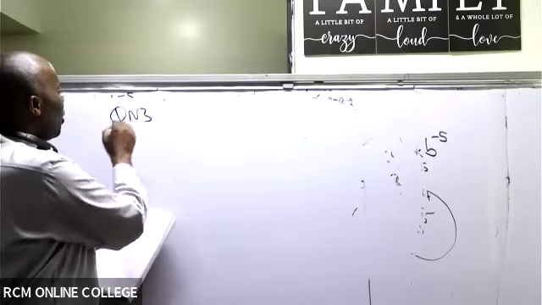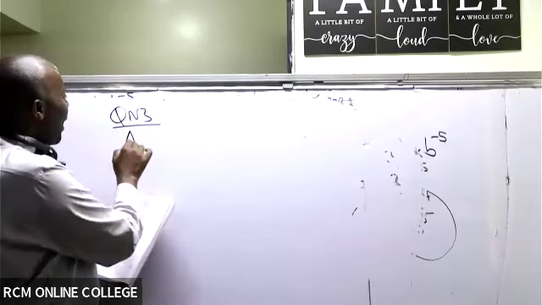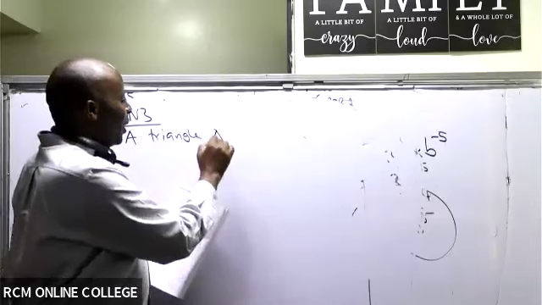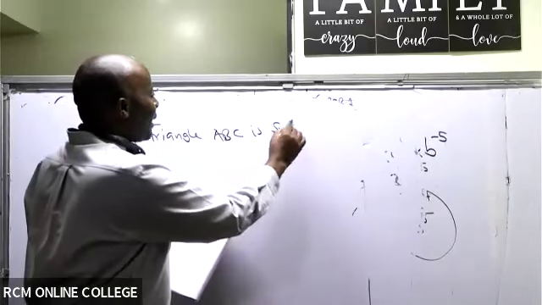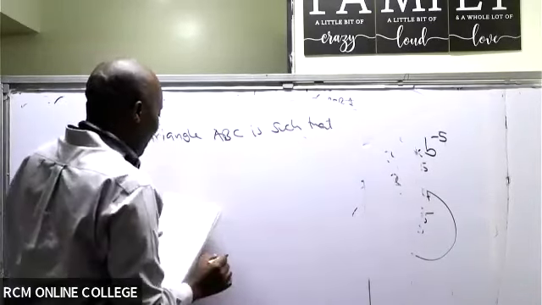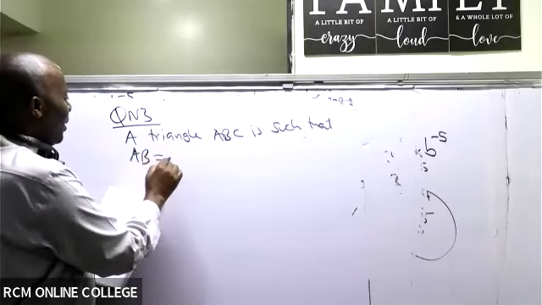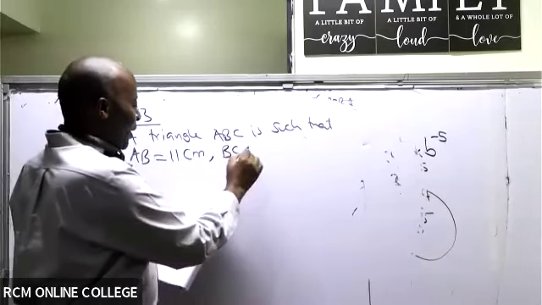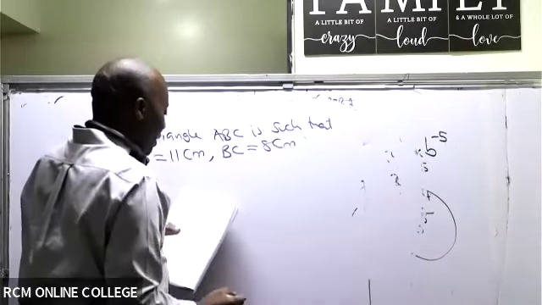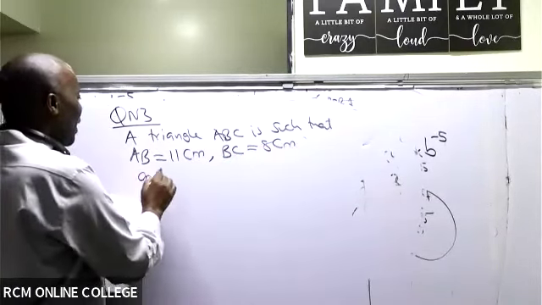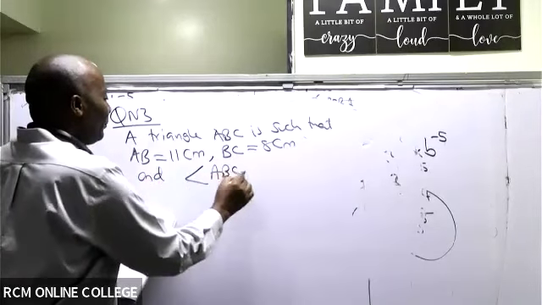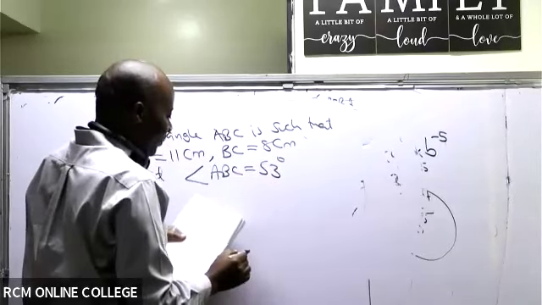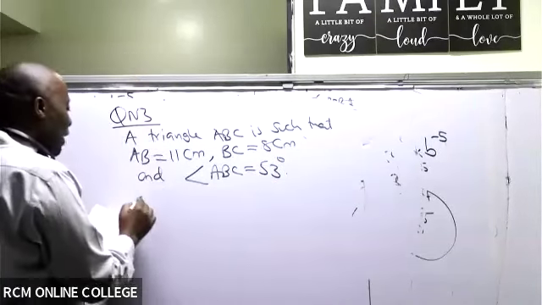A triangle ABC is such that AB equals 11 centimeters, BC equals 8 centimeters, and angle ABC equals 53 degrees.